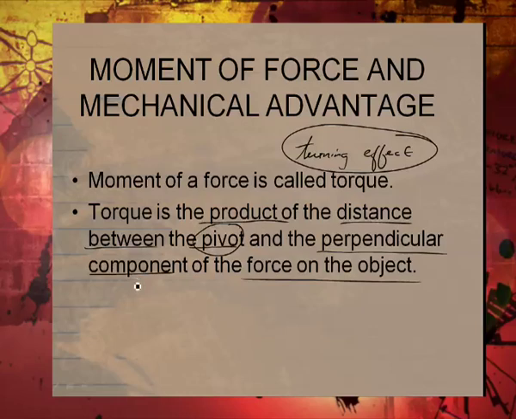So we are told that this torque, shown by that symbol there, equals the perpendicular component of the force on the object times the distance, d, from the fulcrum or the pivot.